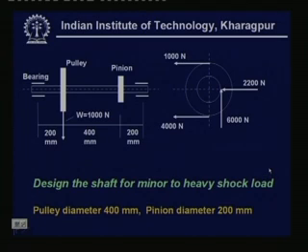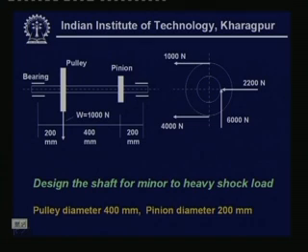With the given data, the design will be based on strength, because nothing has been told about the stiffness. If we consider the design based on strength, then the ASME code will be the most suitable here, because we do not know anything about the fluctuating components.